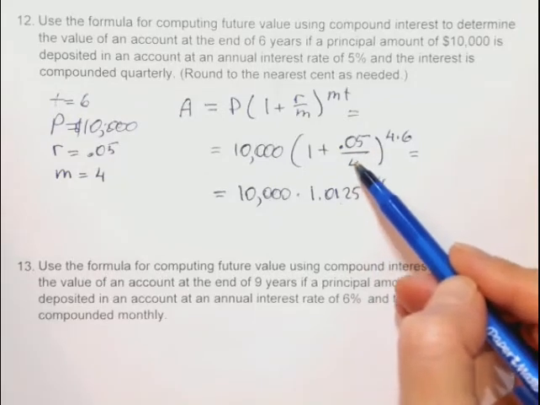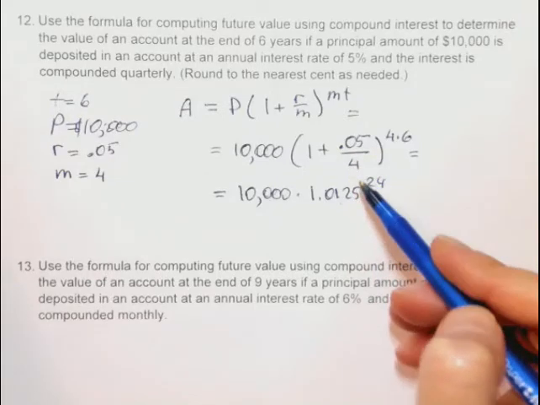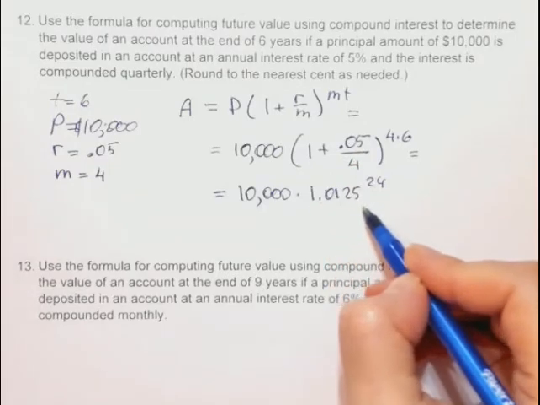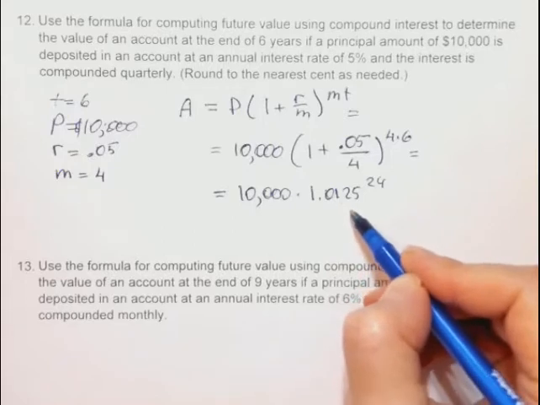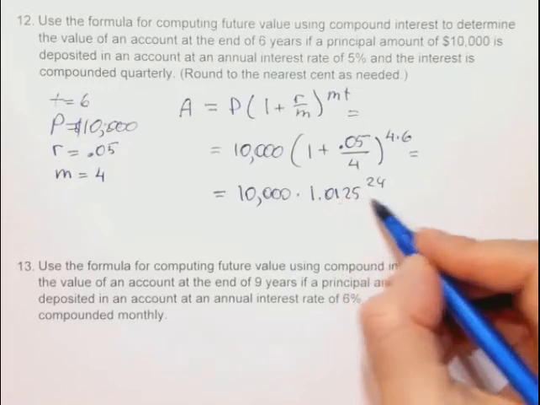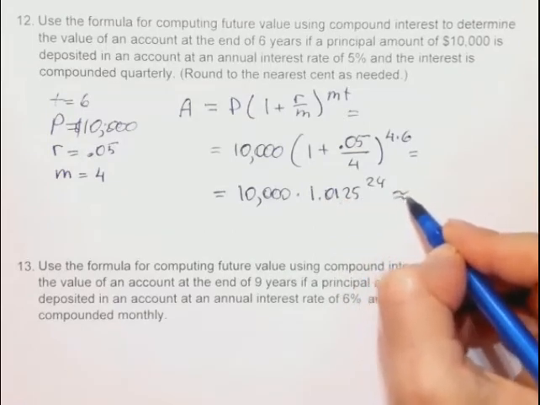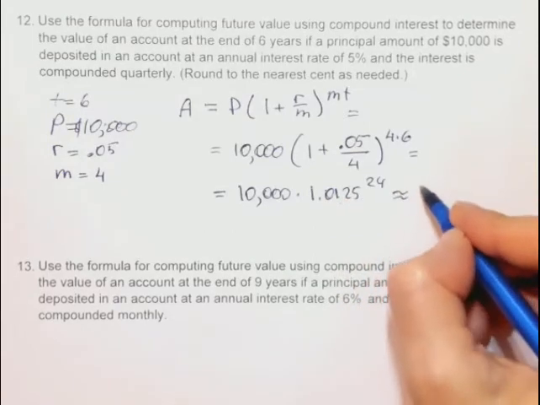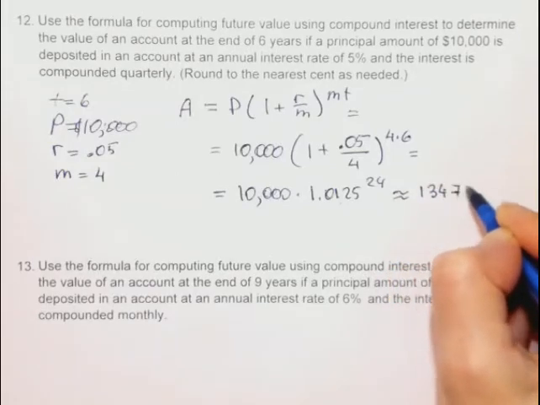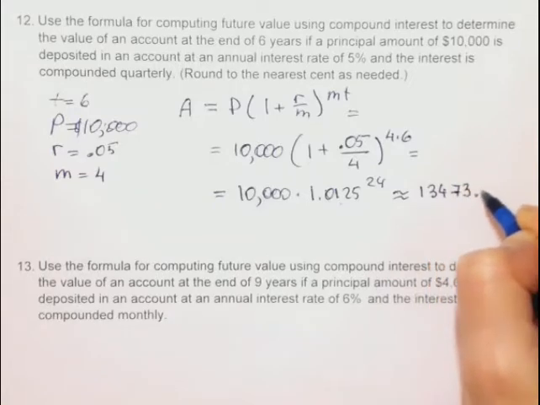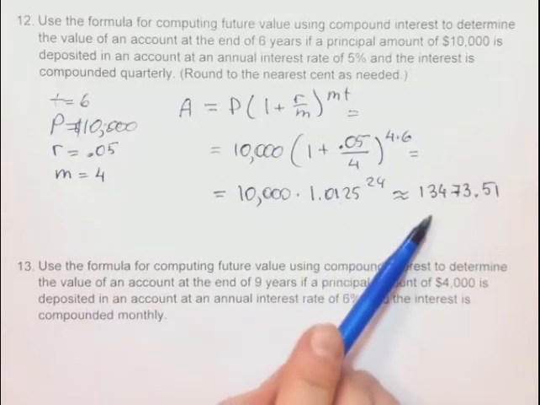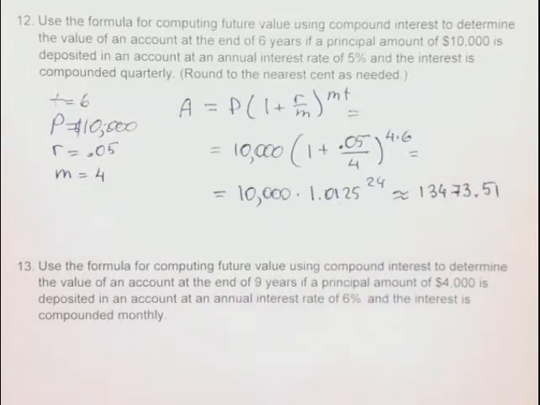Sometimes, especially when we have 3 in the denominator, it is not an exact number. We have to round it. It is better to take as many digits as possible when rounding an intermediate answer. So then we take a calculator and get an approximate value, 13,47.51 dollars, the future value of the account.